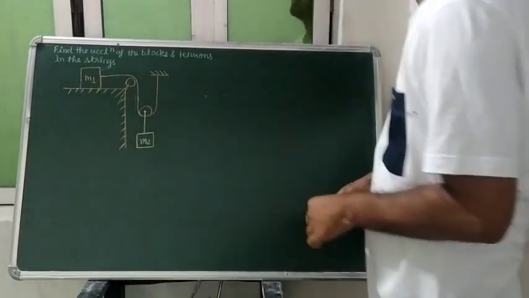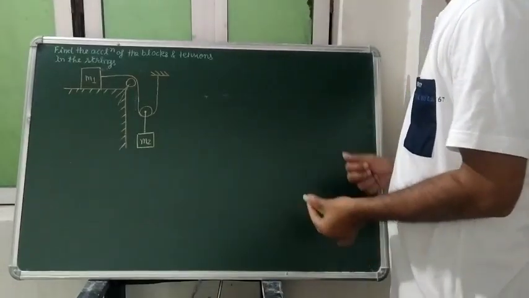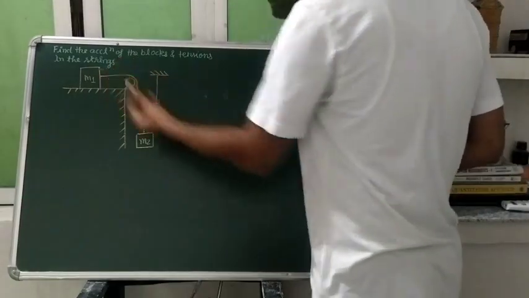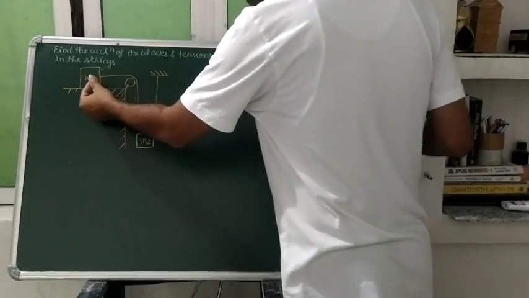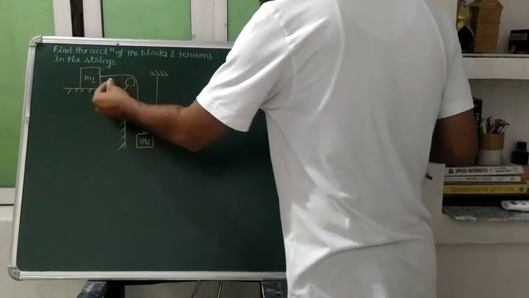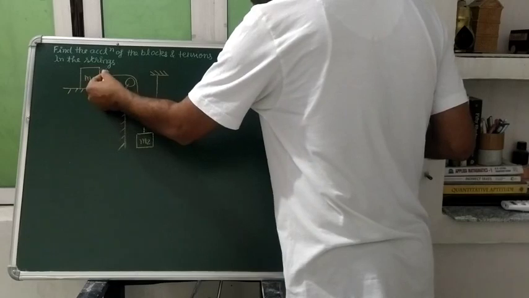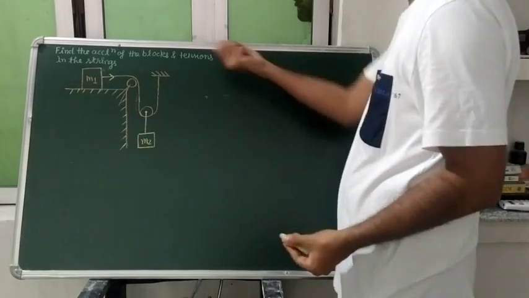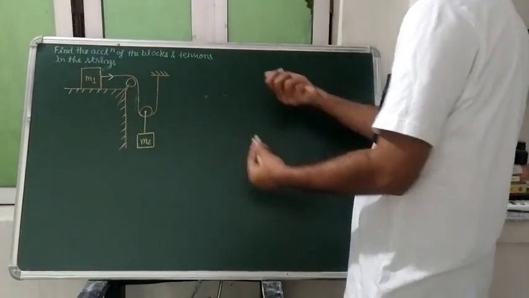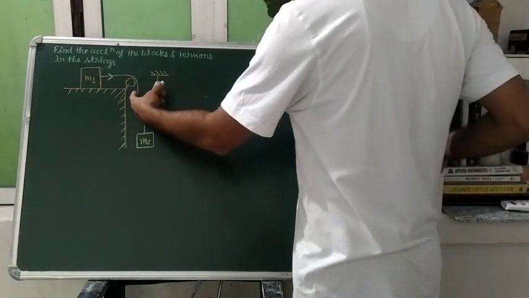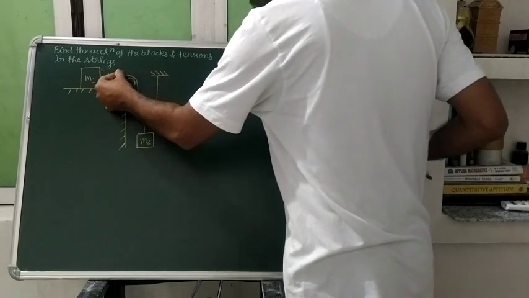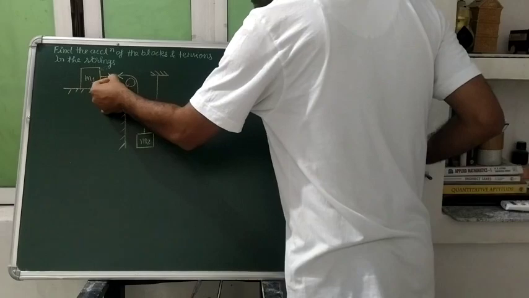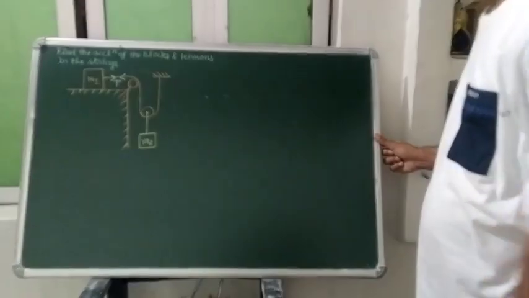So of course students, first we should try to find out the tensions. Suppose I am starting from here. Here is a mass m1, so the tension in the string for mass m1 will be along this direction, and tension always will be along the string, and it will have the pulling effect. For the object of interest, this pulley, the tension is going to act in this direction, and suppose I am saying the tension T is acting here.